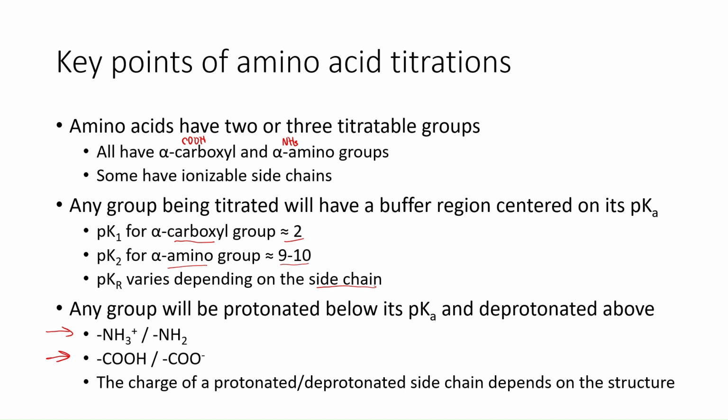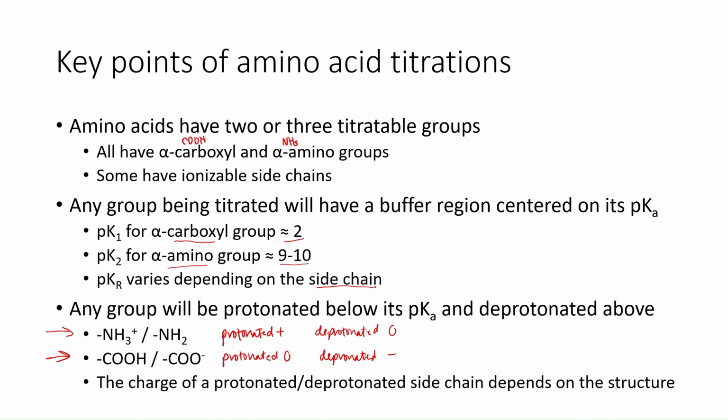Something to point out is that our amino group, when it's protonated, has a positive charge, and when it's deprotonated, it has a neutral charge. Our carboxyl group is a little bit different. Our carboxylic acid, when it's protonated, has a neutral charge, and when it's deprotonated, it has a negative charge.